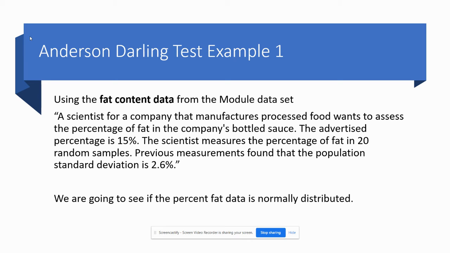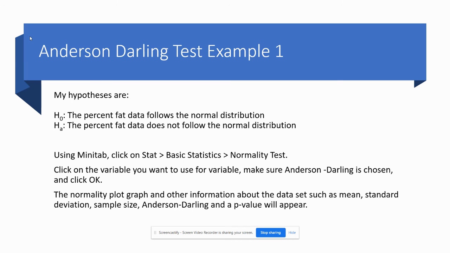The previous measures found that the population standard deviation is 2.6%. I'm not worried about what they're looking for. I'm just looking to see if the percentage of fat data is normally distributed. So my null hypothesis is the percentage of fat data follows the normal distribution. The alternative is the percentage of fat data does not follow the normal distribution.